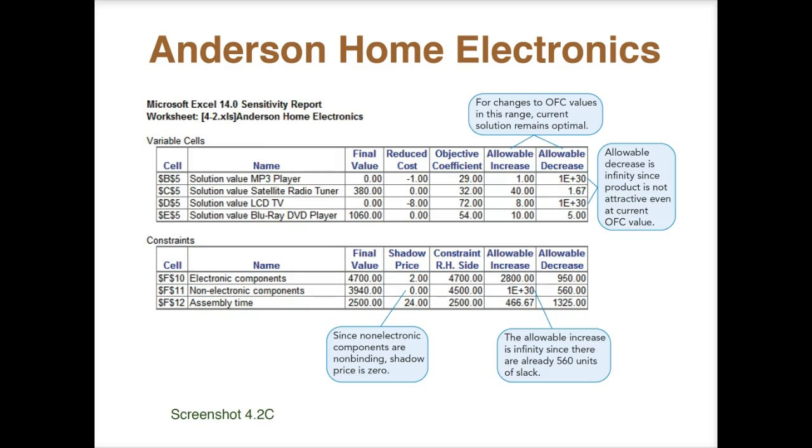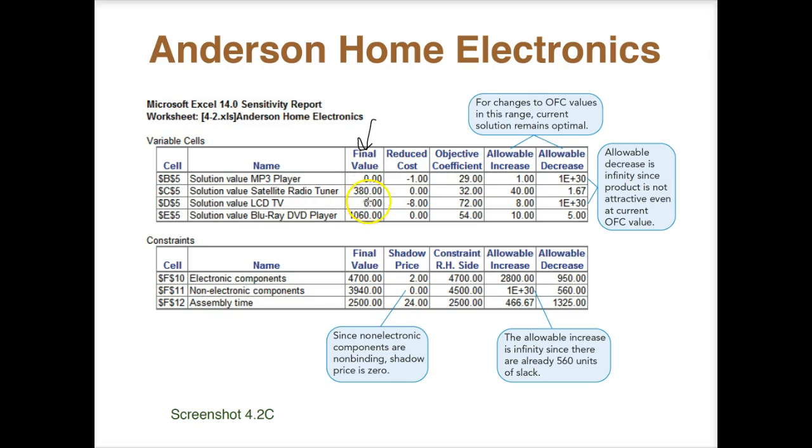For the sensitivity report, we see that we have a couple of things being shown to us. So first thing is we see that we know what our final value is. So in other words, the solutions for the number of MP3 players, satellite radio tuners, LCD TVs, and Blu-ray DVD players.